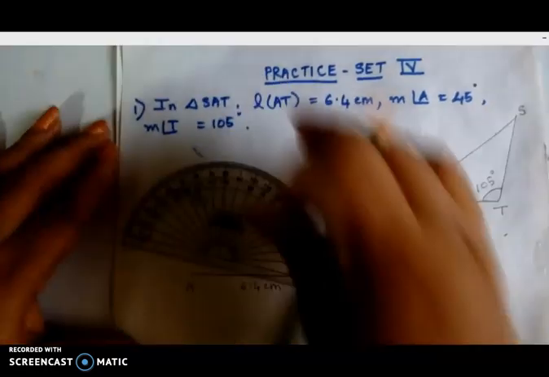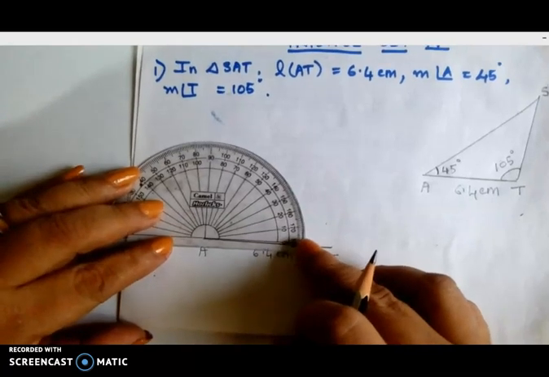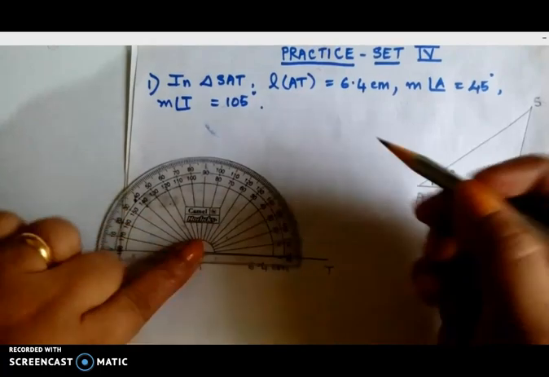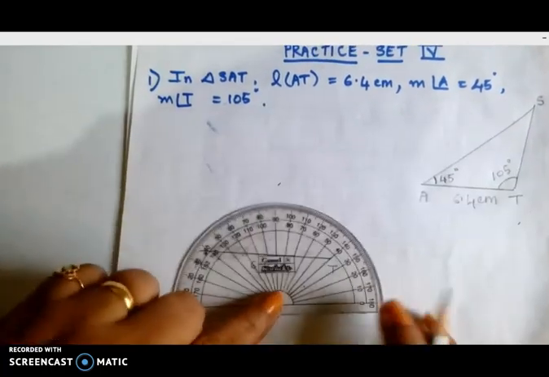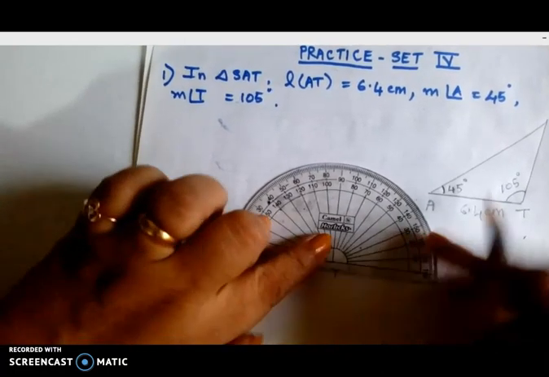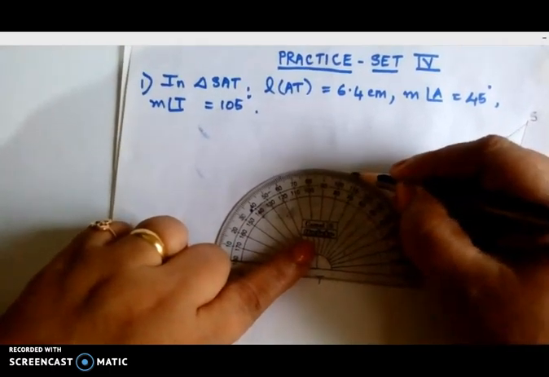Now measure angle A is 45 degree. And measure angle T is 105 degree.